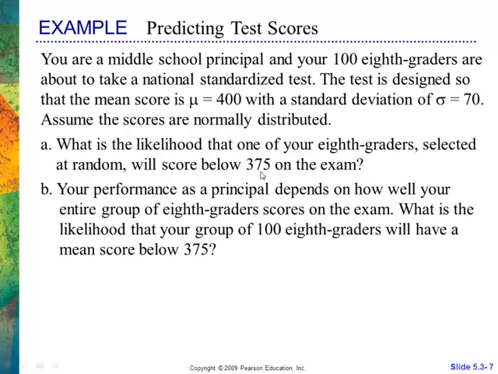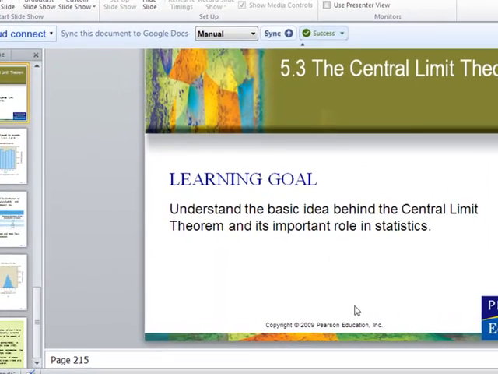Because it's normally distributed, we can look at one student, put it on the z-score, and calculate this out. So we have that z is equal to the number we have, 375, minus the mean, over the standard deviation.